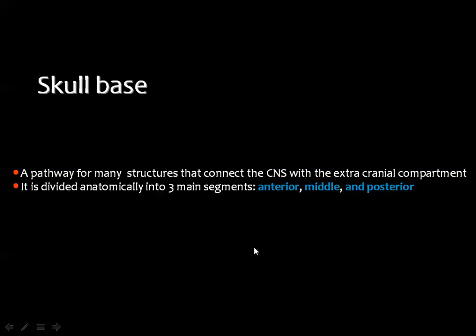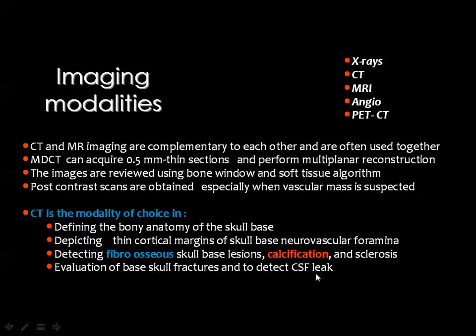The skull base is usually divided into three parts: the anterior, the middle, and the posterior skull base. We have three parts of this topic, and in each part I will handle one of the areas of the skull base. Now we'll deal with the anterior skull base.